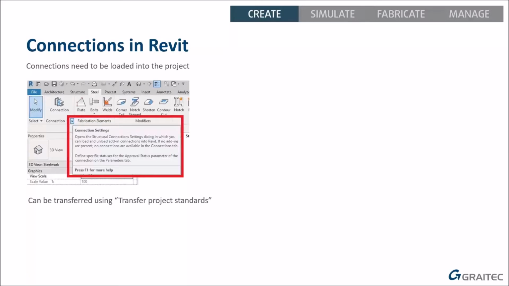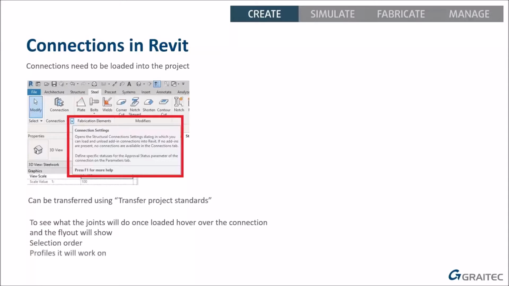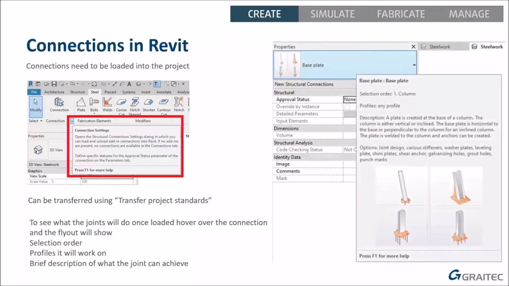If you've got connection standards, connections can now be transferred using the transfer project standards. If you're completely new to this, to see what a joint will do, just hover over the connection and the flyout will show you the selection order that you need, the profiles that the connection will work on, and a brief description of what the joint can achieve.